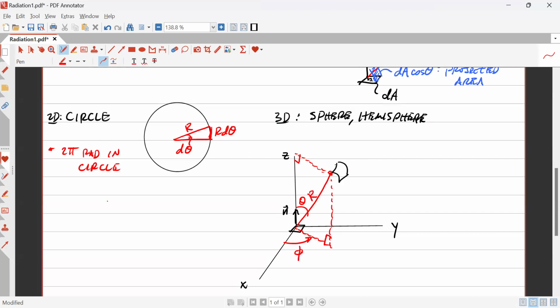So theta is called the inclination or the zenith angle. And phi is your azimuth angle.